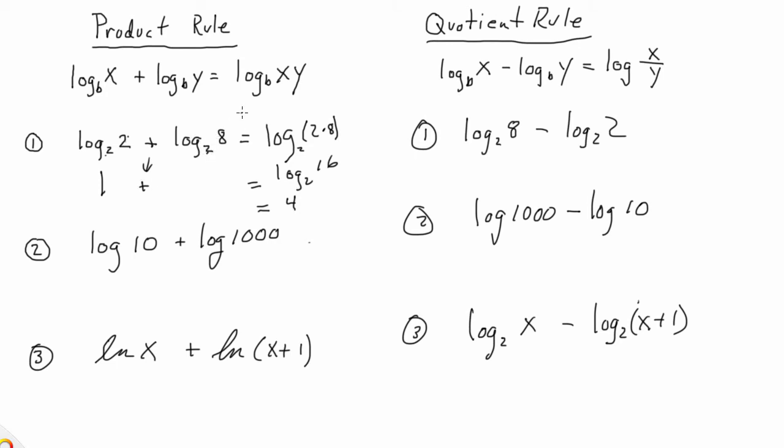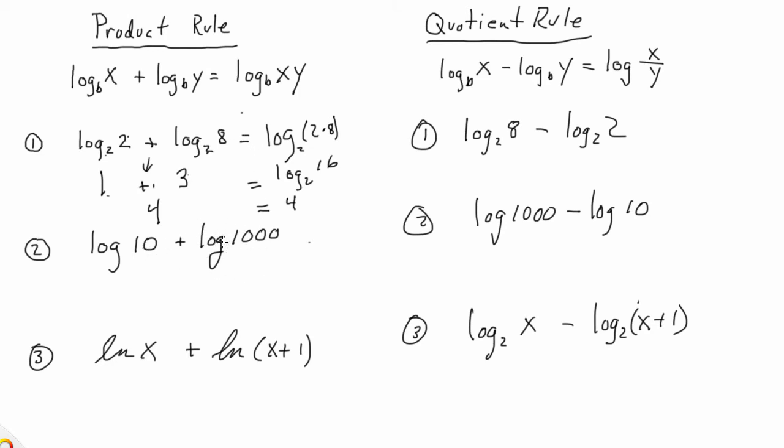Well, 2 to what power is 8? That answer is a 3. So 1 plus 3 is 4, which equals what we have over here. I'm just checking our work. I'm just trying to show you an example of how the rule works and that it does in fact work regardless of what method you use.